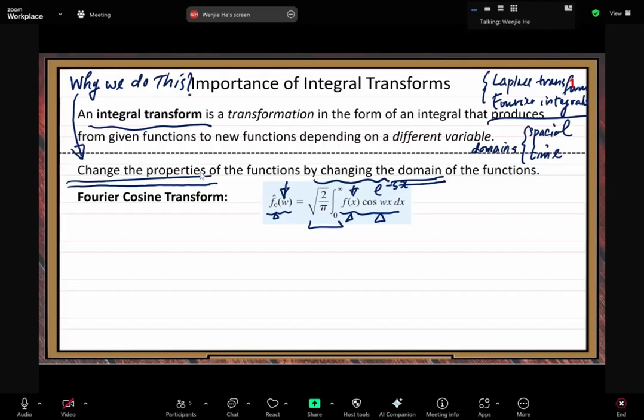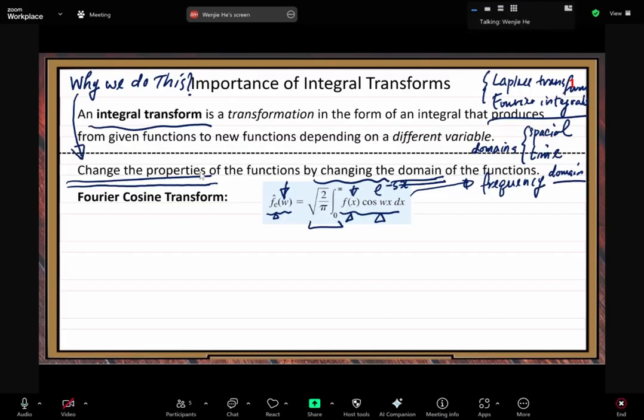What's that domain? Usually people call it the frequency domain. So you move to the frequency domain.